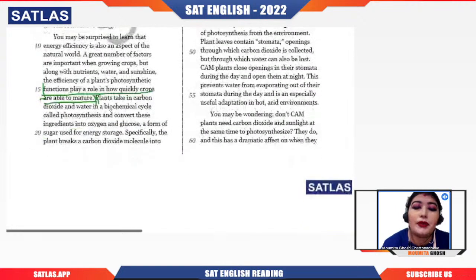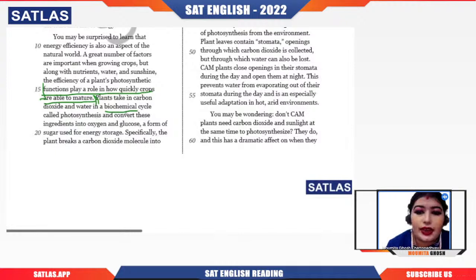Now coming to the next point: plants take in carbon dioxide and water in a biochemical cycle called photosynthesis. Why has the author said biochemical? Because bio means natural, that is the sunlight, air and wind that are present, and chemical means the enzymes, the chemical enzymes, that are present.